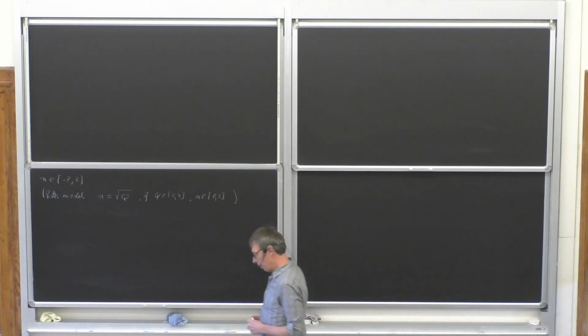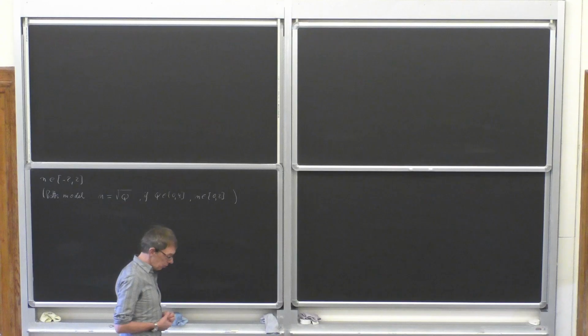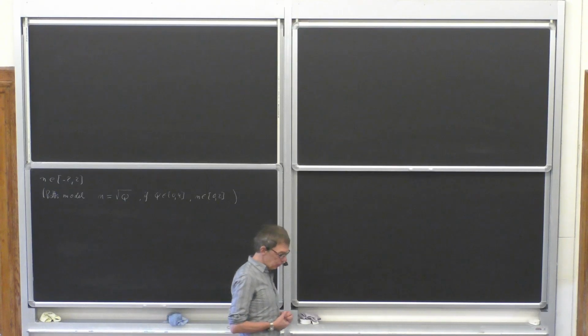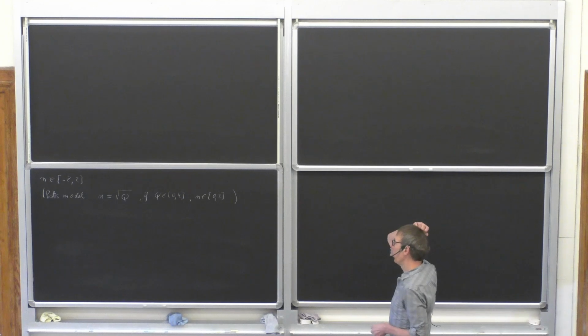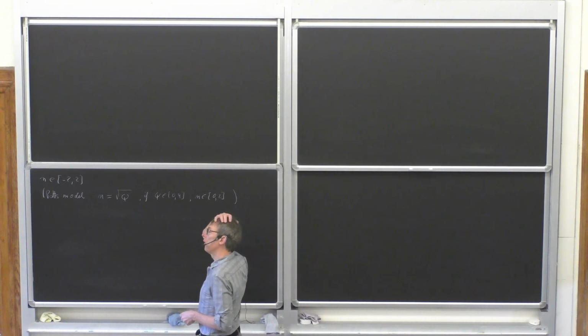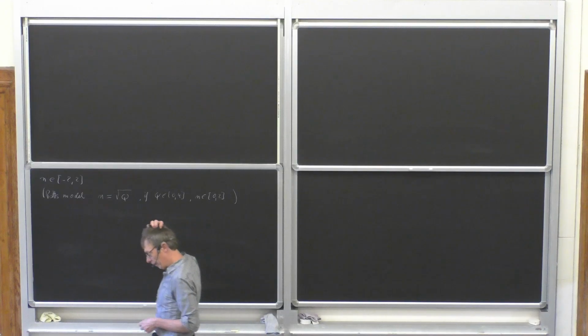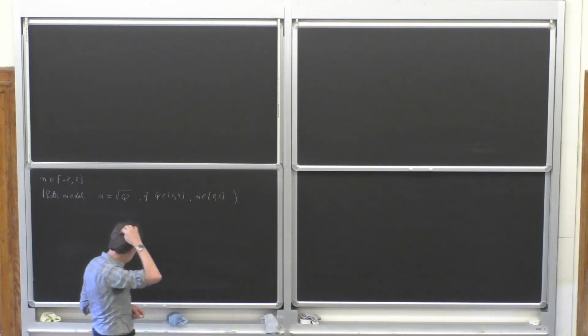But pedagogically, it's very useful, and it already helped us give a reasonable meaning to these loop models, where the fugacity of loops is not equal to 1, but is some real parameter. So we're going to keep worrying about the Potts model, and our goal today is to move on in the direction of algebras before making the big jump into conformal field theory.